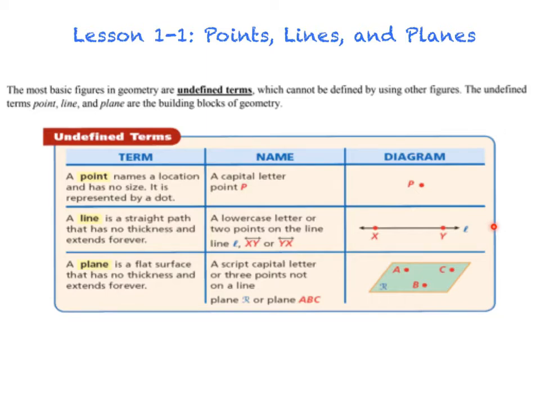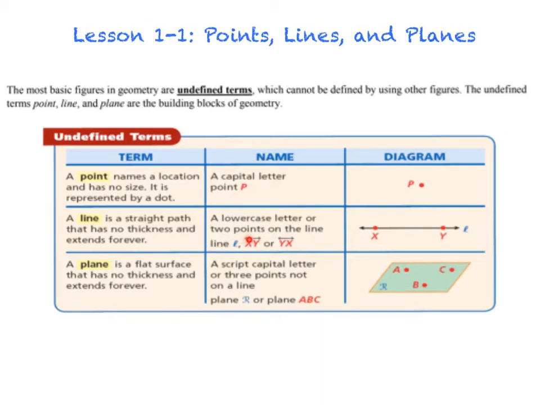Or more commonly, people will name a line using two of the points on the line. Now, just because we're naming this line XY or YX, and this is important, if it's a line that extends forever, when you name the line, you must put a double-arrowed line above the name of the line.